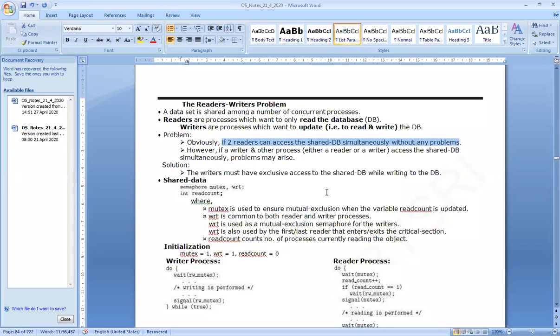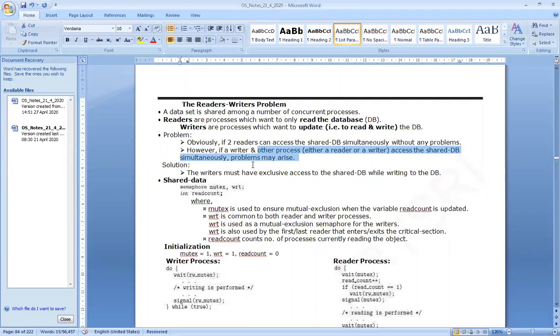However, if a writer and another process access the shared database simultaneously, then a problem may arise.